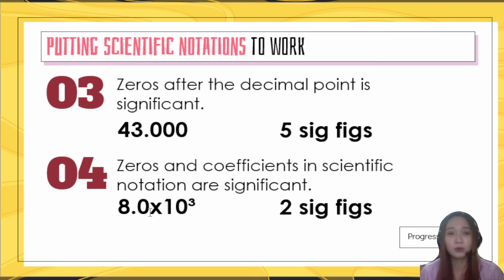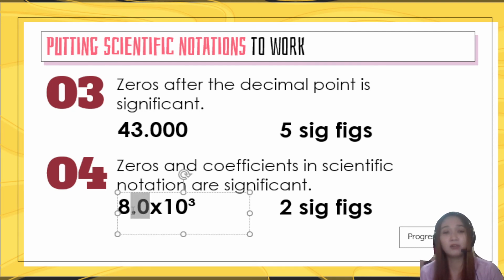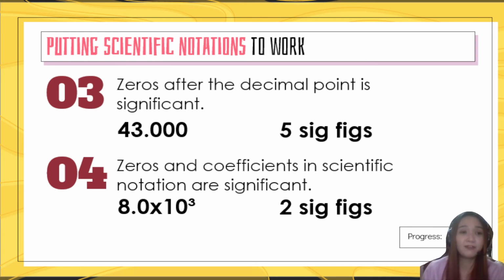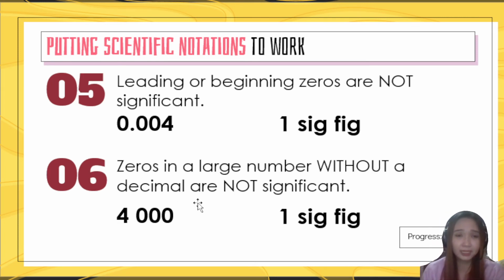Okay, so we have to disregard the times 10 raised to negative 3 and then focus on our value here. Even though naka-scientific notation siya, okay, yung zero niya ay calculated pa rin. So, 2 sig figs.